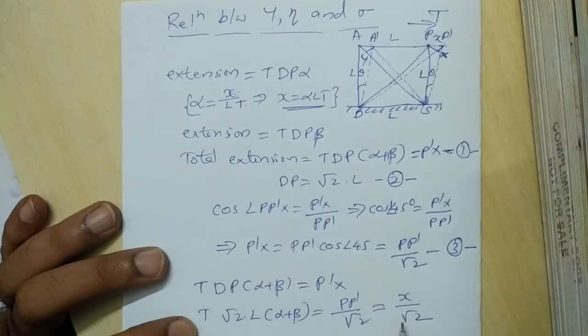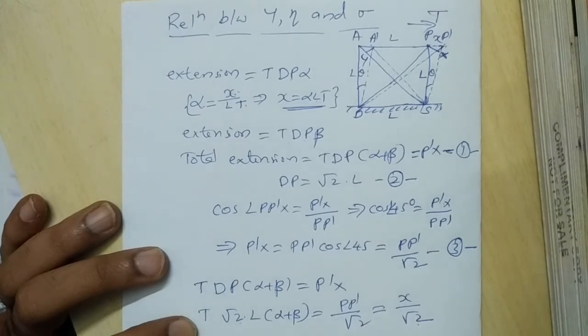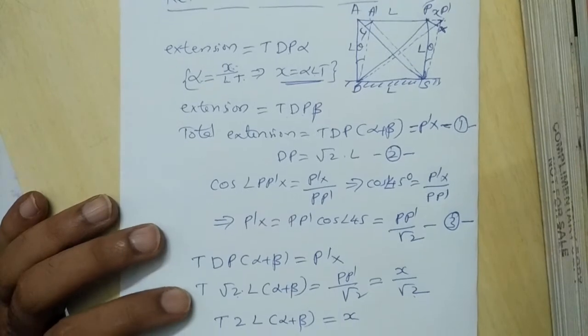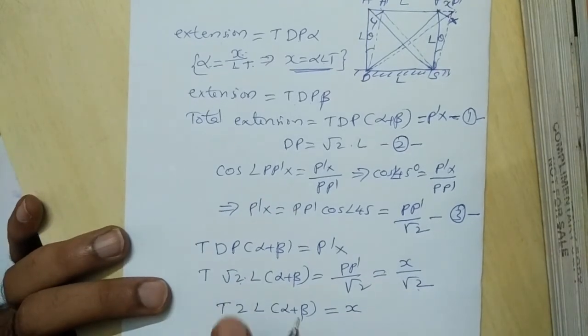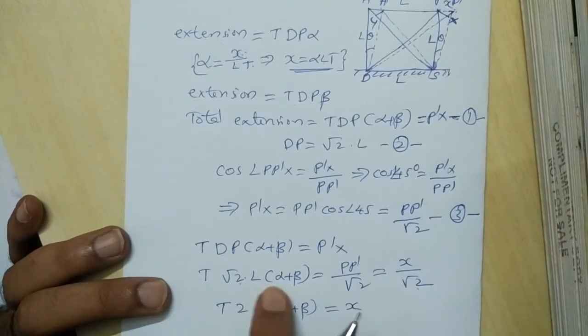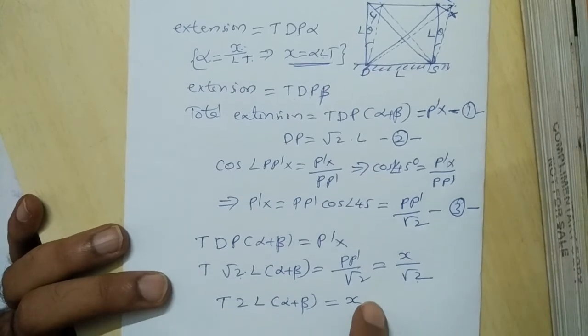We have already substituted the values, and now simplify. Bring this root 2 towards the left hand side. So t into 2 into L into alpha plus beta should be equal to x.